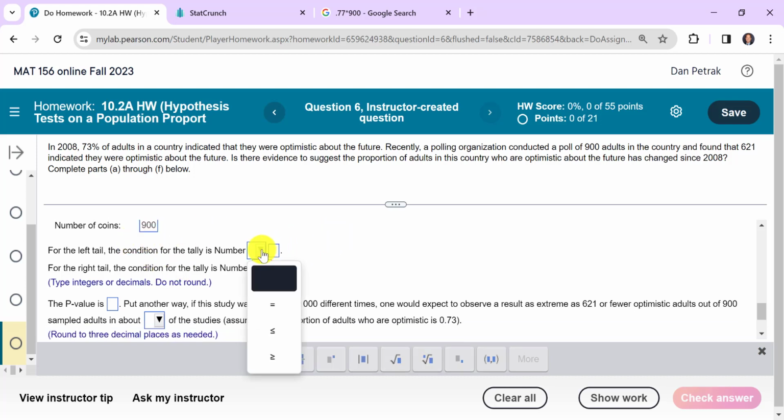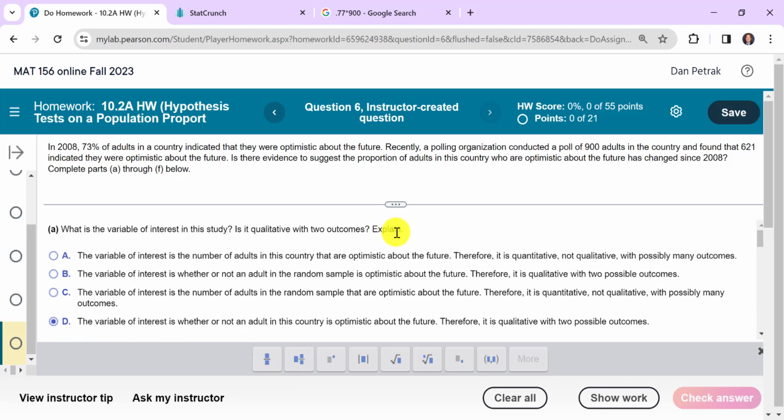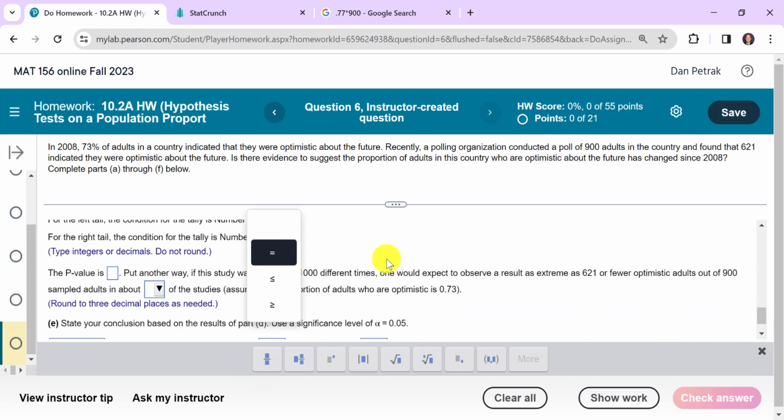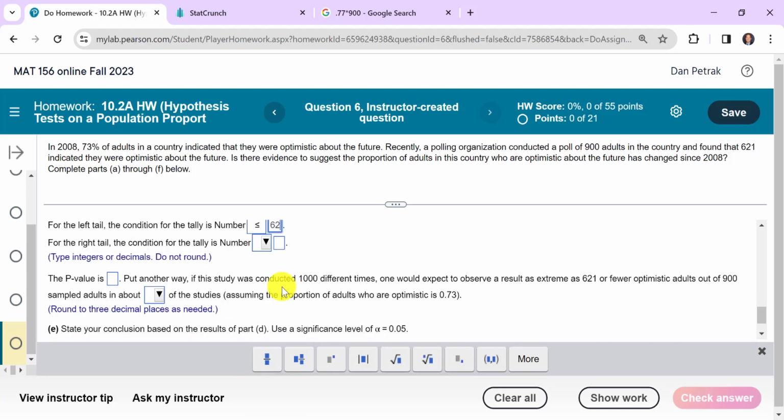The left tail was 621. So left hand, less than or equal to 621. And the right hand is going to be greater than or equal to 693.